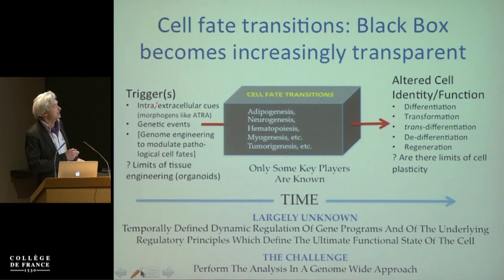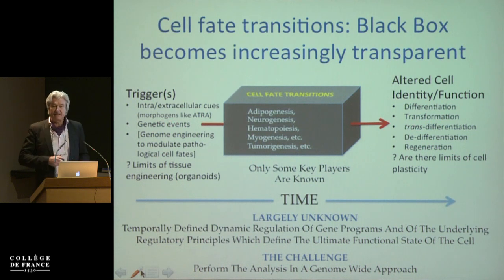All of them are initiated by triggers. Triggers can be intra or extracellular cues like morphogens, like all-trans retinoic acid, but there can be also genetic events like mutations, which then can lead to tumorigenesis. And all of this leads at the end to an altered cell identity with altered cell function.